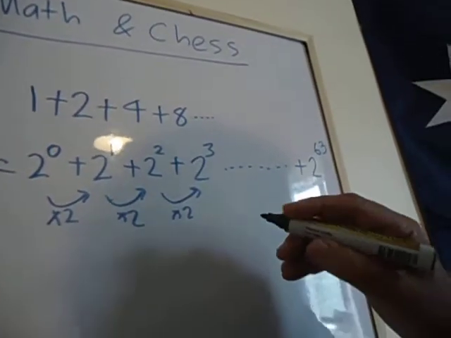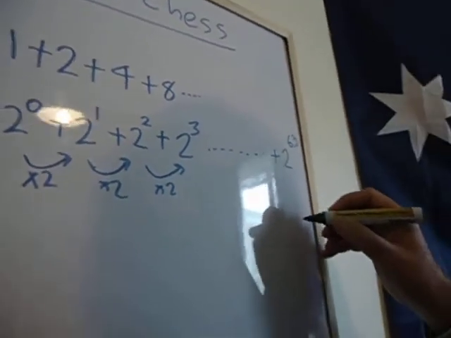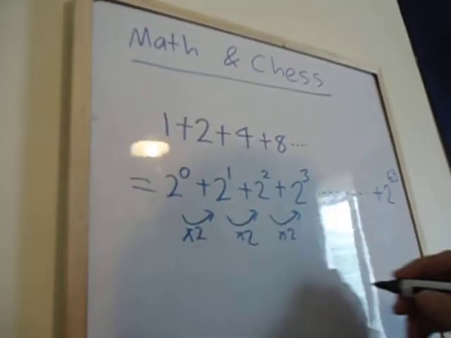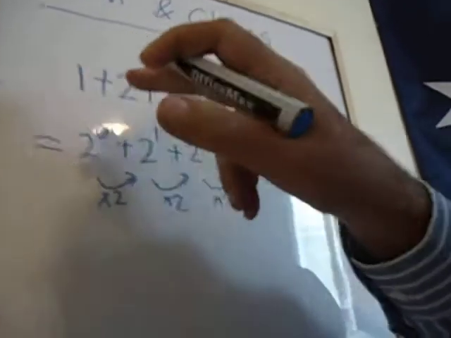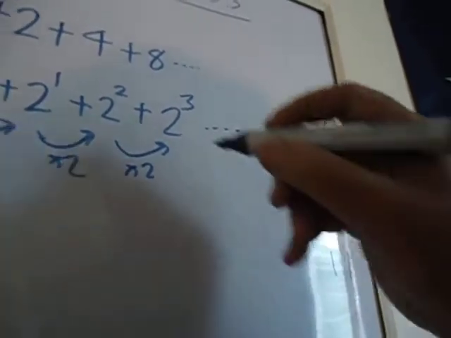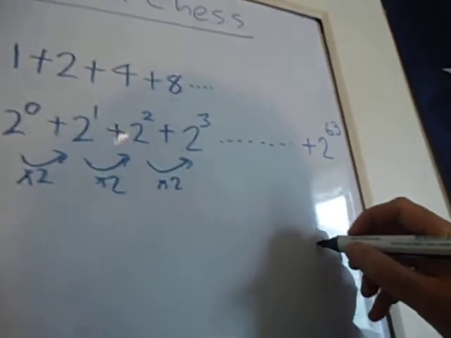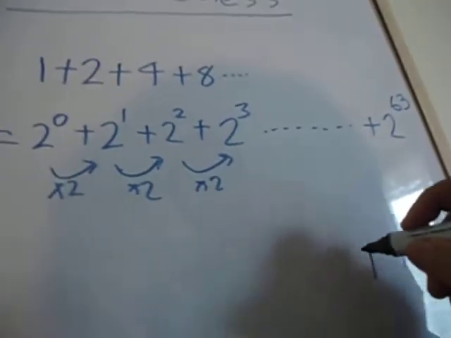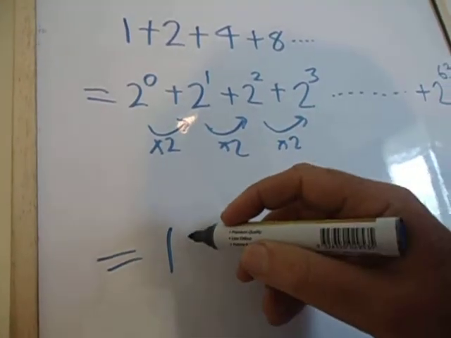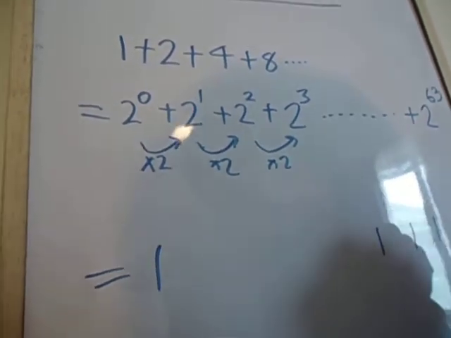Remember binary numbers, we use base 2. So in binary, this would just be 1, and 2 in binary is 1 in the second place, and 4 in binary is this, and so on. So you end up with just 64 ones.